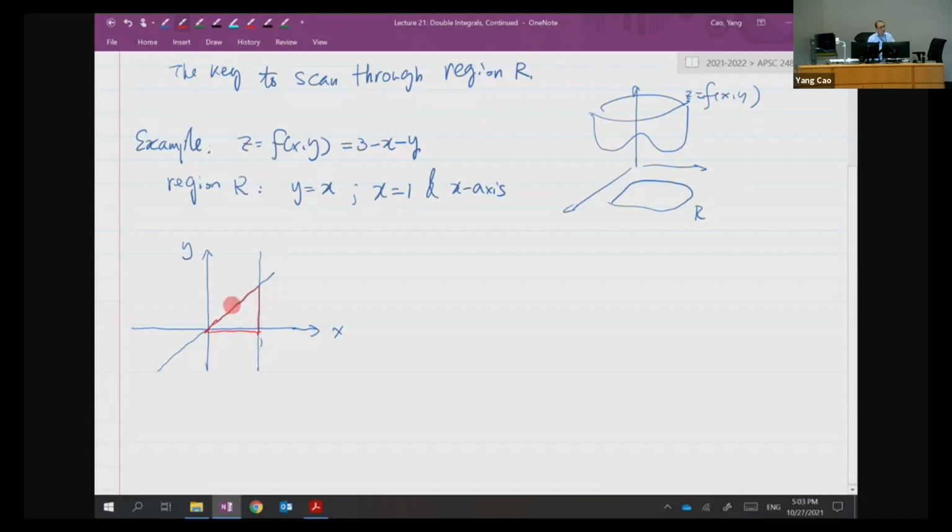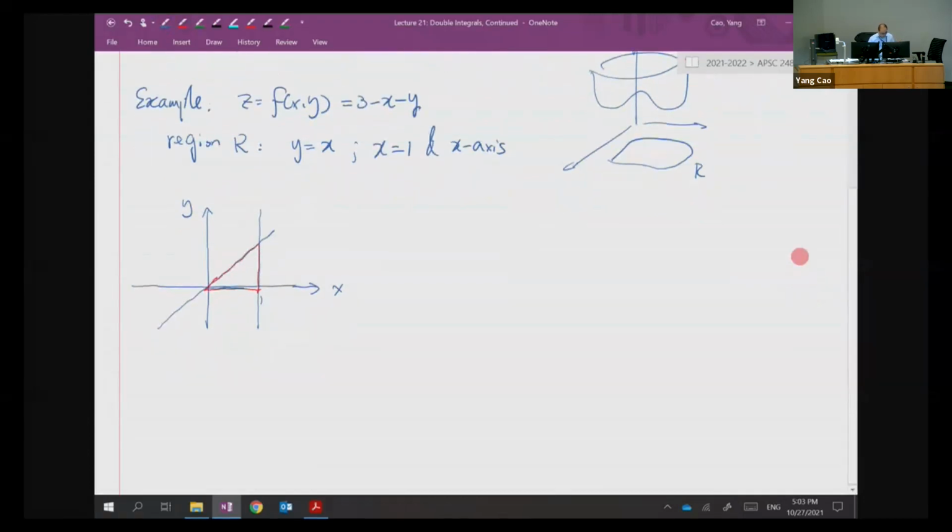The next step is to get the integral limits. With the knowledge of the region R, you can find limits much more easily. Label each of the boundaries if necessary, because you need this information to find the integral limits. Let's go through the scanning process.